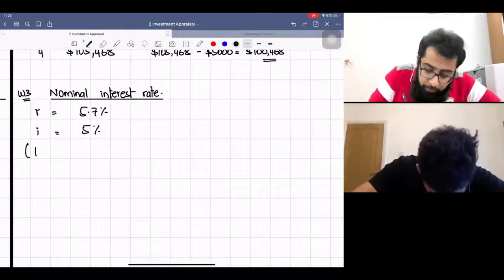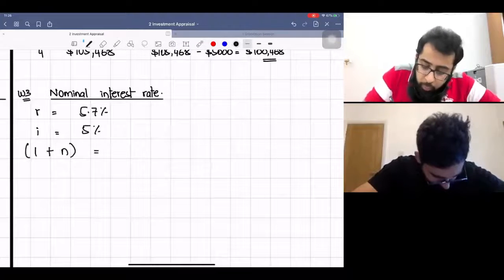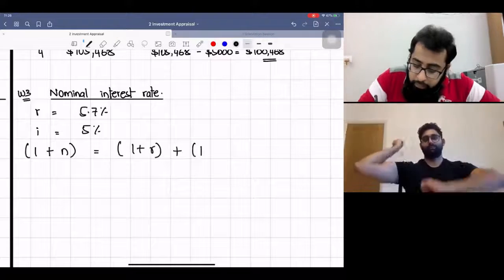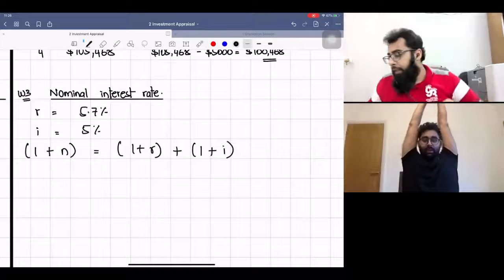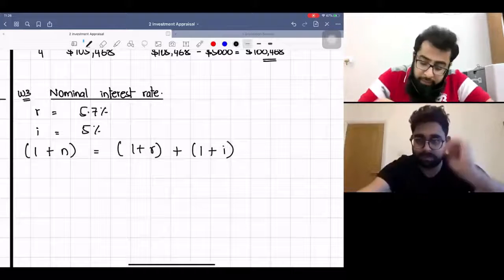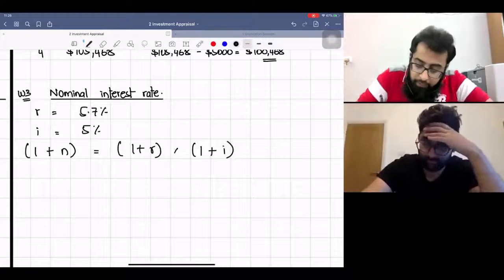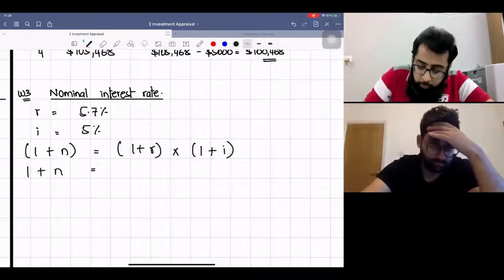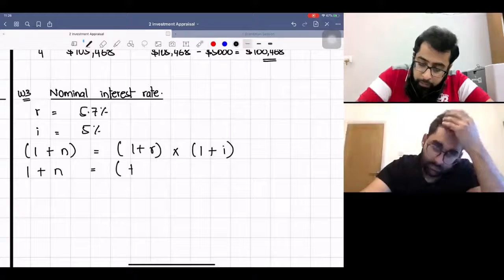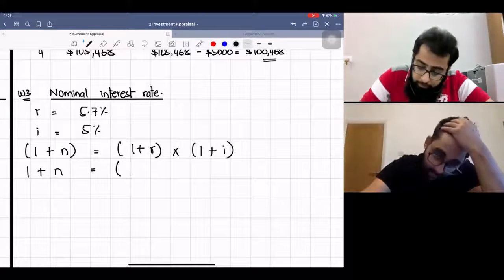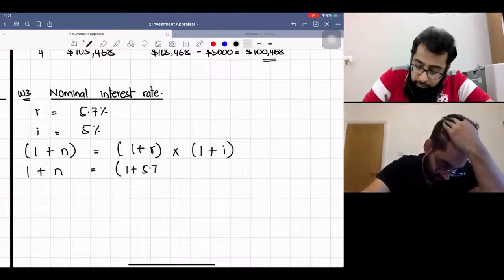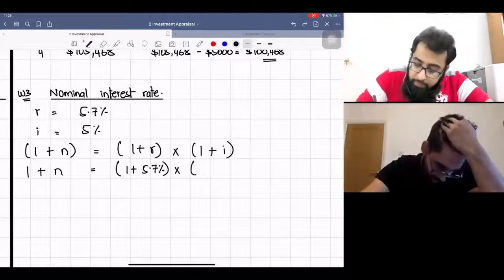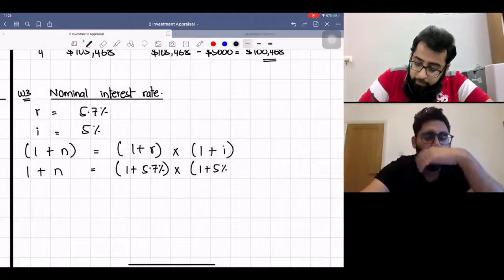So 1 plus n is equal to (1 plus r) multiplied by (1 plus i), the Fisher effect. So 1 plus n is equal to 1 plus 5.7% multiplied by 1 plus 5%.